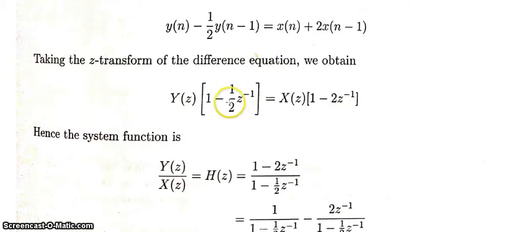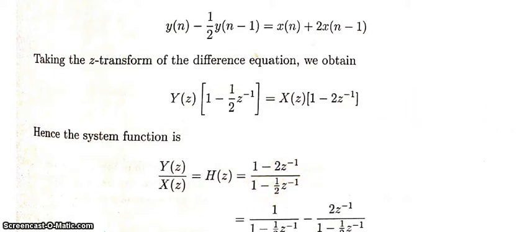Therefore y of z into 1 minus 1 by 2 z inverse equal to x of z into 1 plus 2 z inverse. By mistake they have put a minus sign here, actually it must be a plus sign. Therefore the system function h of z is y of z by x of z, which is equal to 1 plus 2 z inverse divided by 1 minus 1 by 2 z inverse.